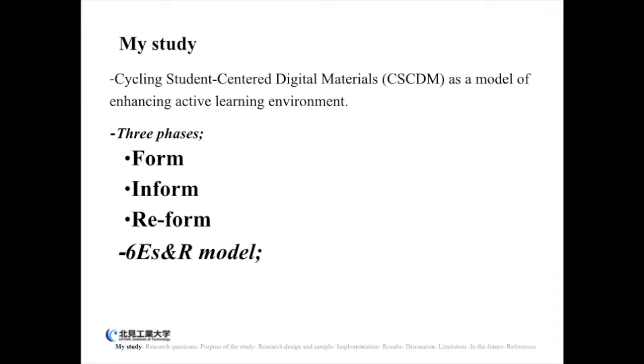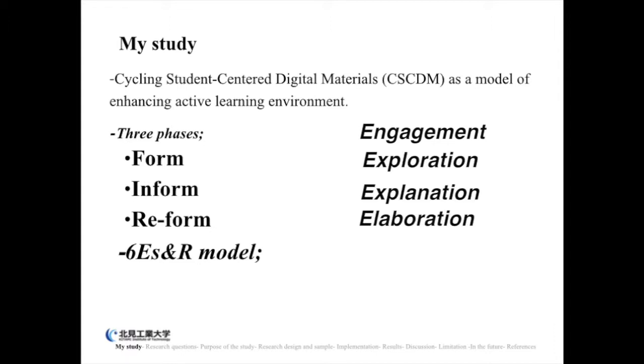The model is presented in 3 phases: form, inform, and reform. The 3 phases illustrate the new 6 E's and R learning model. And this 6 E's and R model includes engagement, exploration, explanation, elaboration, evaluation, and re-engagement in order to develop students' metacognitive and long-run motivation in active learning environment.